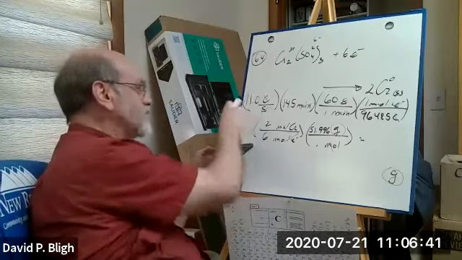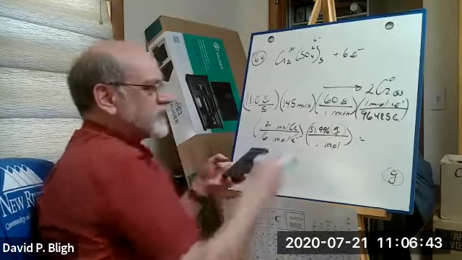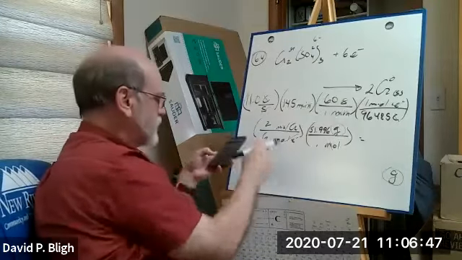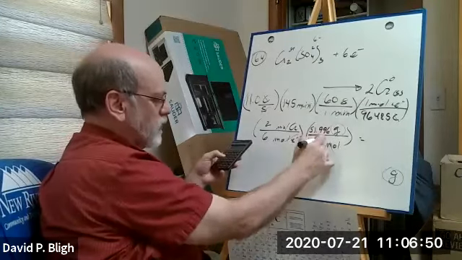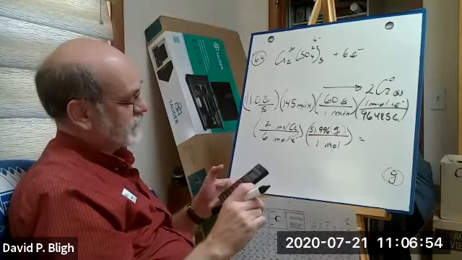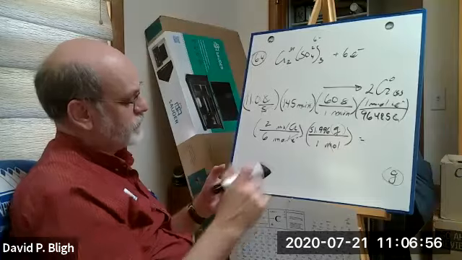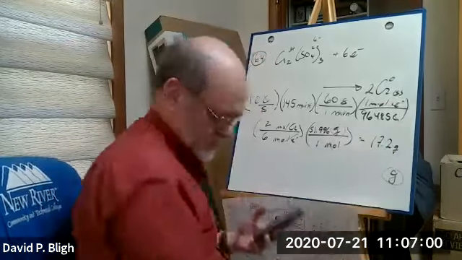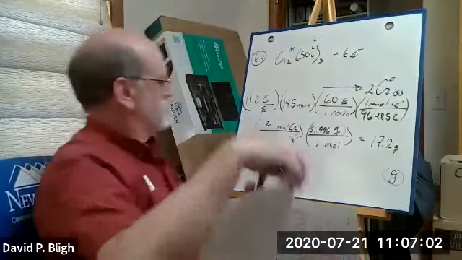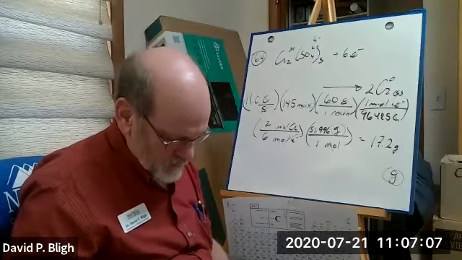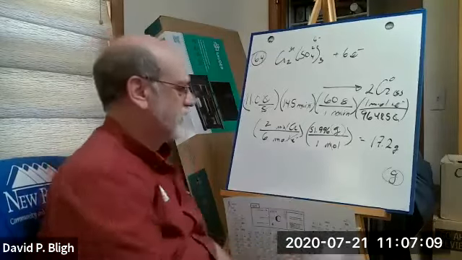Okay. Now divide. 96,485. And 6. And 1. So I get 17.2 grams. Now, did I get anywhere close to the answer? Yeah, that's E.